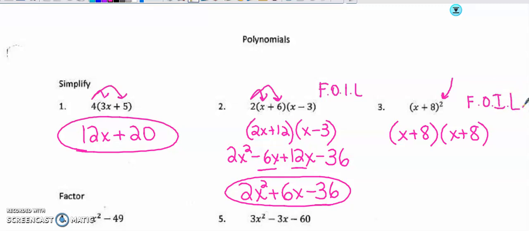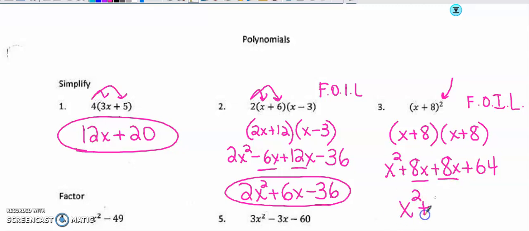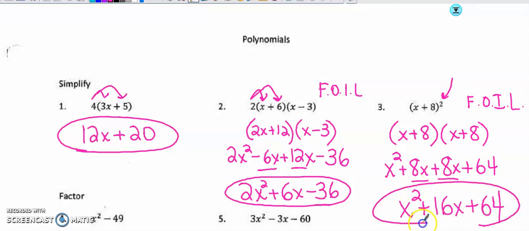So when you do FOIL on this last one, you get x squared plus 8x plus 8x plus 64. Middle terms are alike. Final answer, x squared plus 16x plus 64. So these first 3, we're just practicing multiplying.